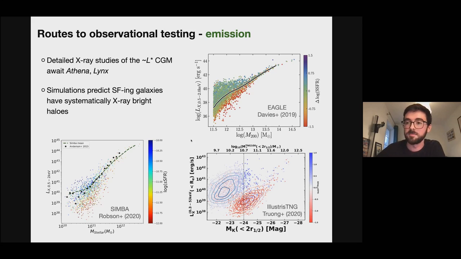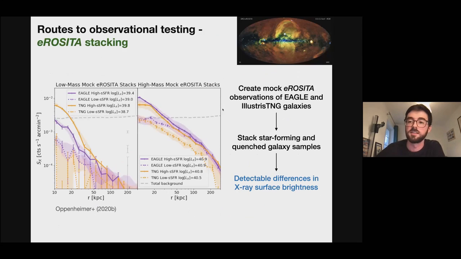But something that's more imminently feasible is actually using eROSITA observations. So this is, again, I'm really plugging Ben's stuff here, but this is something we worked on last year. And essentially what you can do is use all these wonderful tools like pyXSIM and SOXS, etc., that John ZuHone and his collaborators have developed to make really realistic mock eROSITA observations in simulations such as EAGLE and TNG.